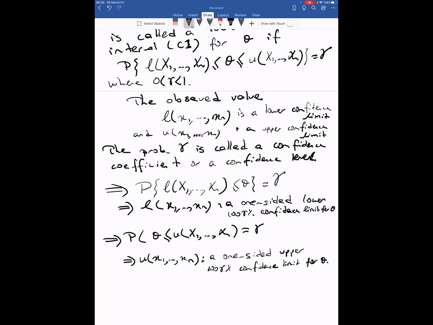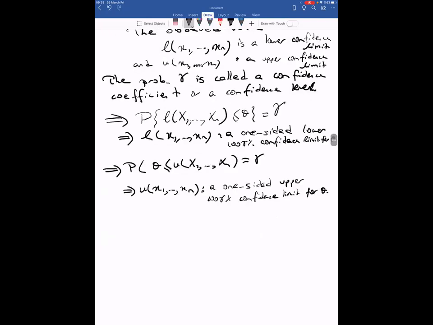Okay, so one simple example. Actually, we will not generate anything right now, we will see later how to generate it. But let's say we have a normally distributed random variable. You know this from your first-year class. Let's say sigma is known.